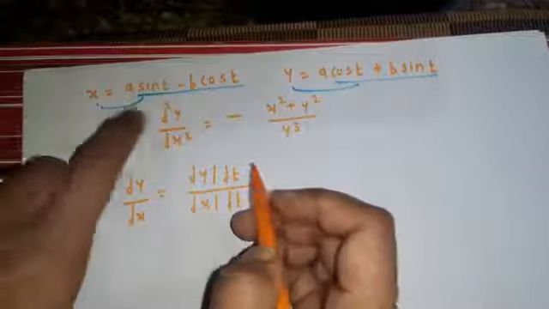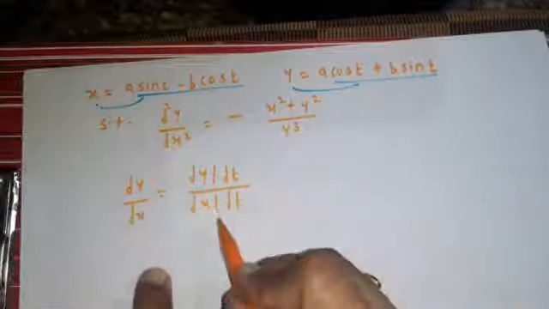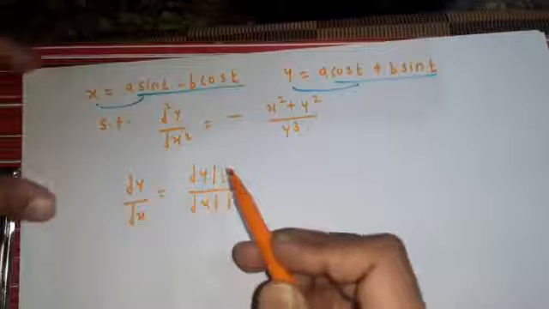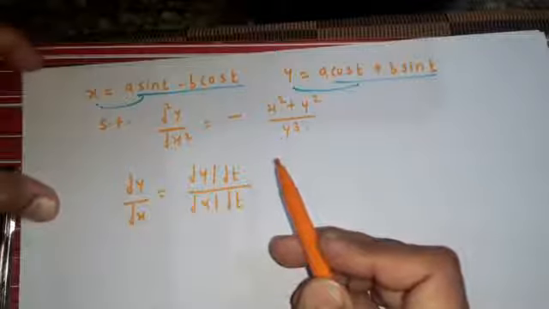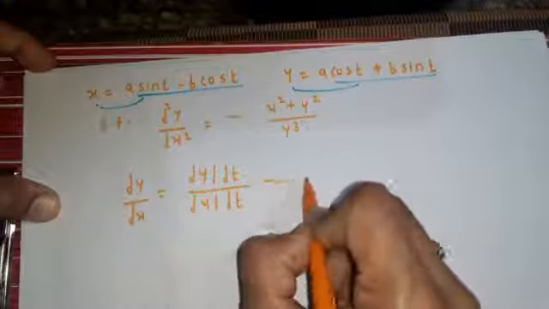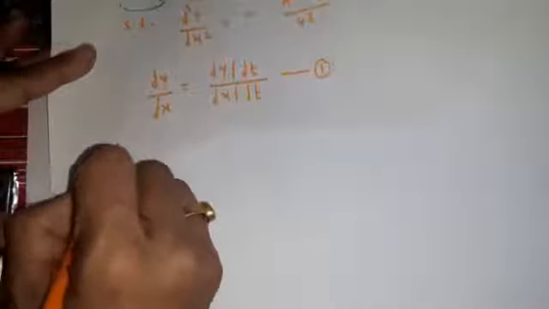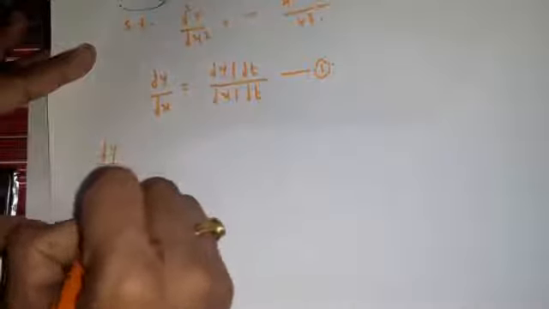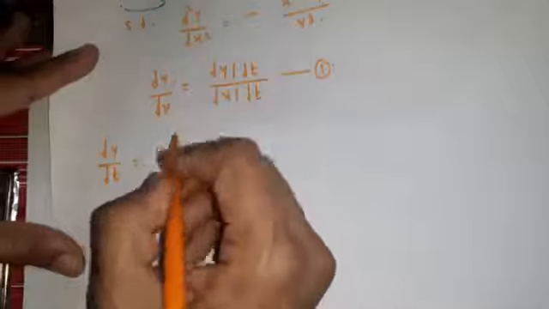Because x is function of t and y is function of t, therefore dy by dx equal to dy by dt upon dx by dt. Suppose this is 1. Okay, now let us find the derivative of y function, that is differentiation of y with respect to t. What is the y function?